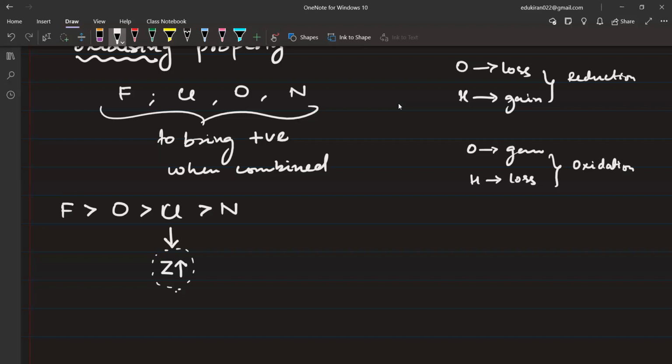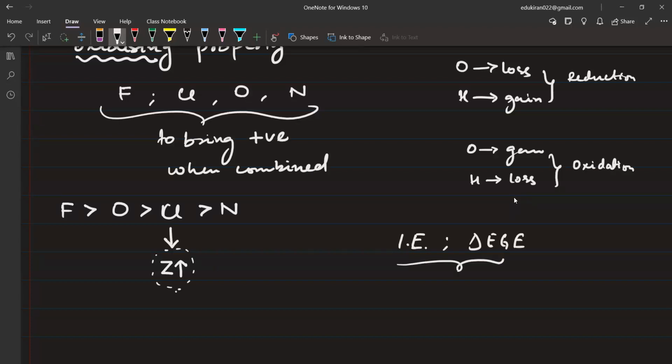And now if you go further ahead and study, you will understand that it is not only electronegativity, it is a bit complicated. There are three things whenever we talk about oxidizing property. Those things will come in the chapter thermodynamics. After that you can study redox reactions properly. There are a few things which come into play. One is ionization enthalpy. Second is electron gain enthalpy.